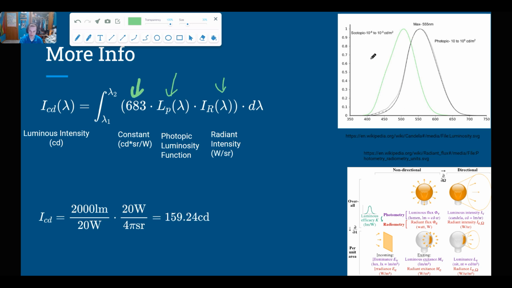This green curve right here is the scotopic vision, I hope I'm pronouncing that right, which is how sensitive your eye is to certain wavelengths at low intensities, like when it's dark, for example, from 10 to the -6 to 10 to the -3 candelas per square meter. This is how sensitive your eyes are to certain wavelengths of light.